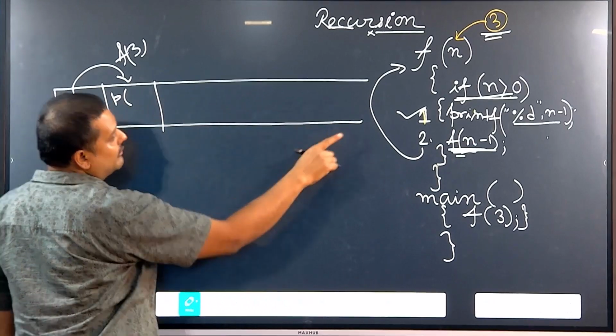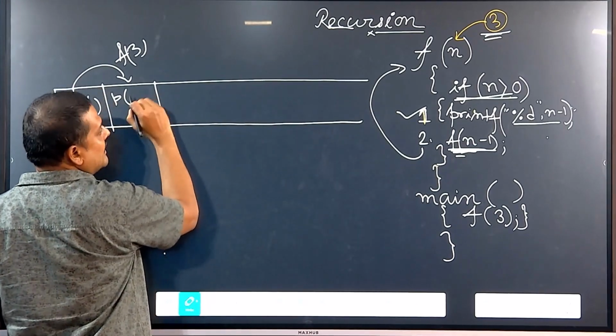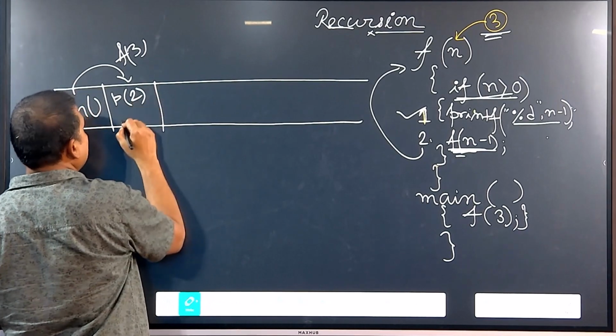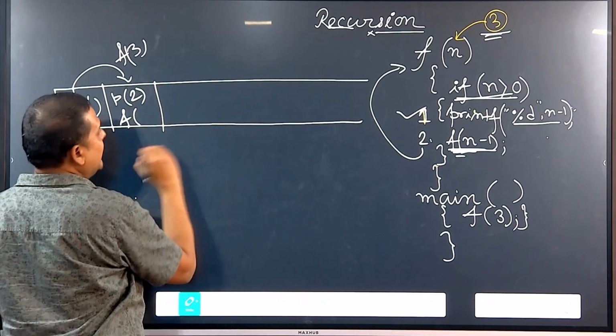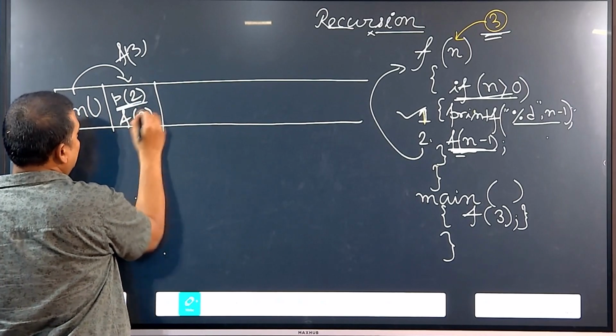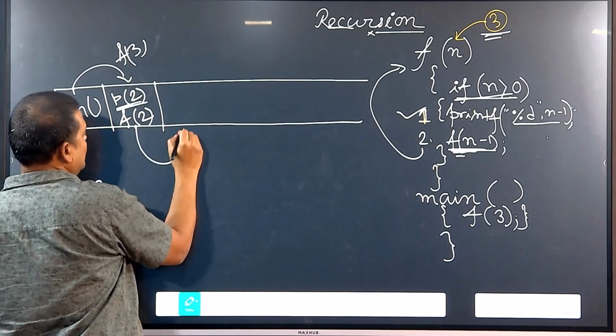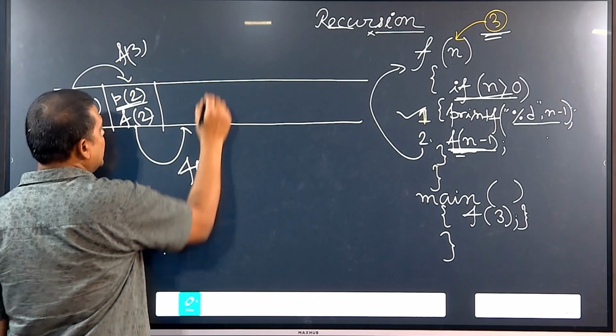So the call of n minus 1, that is printing of n minus 1, or printing of 2, and function call of n minus 1, that is 2. So 2 will be printed, and the function will be called, this is f of 2.